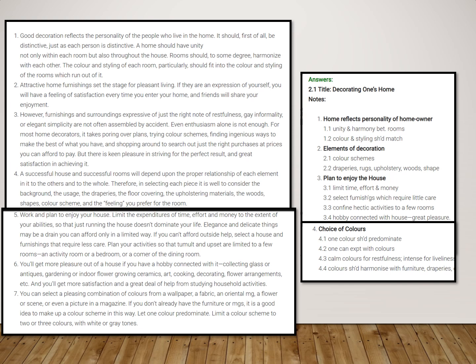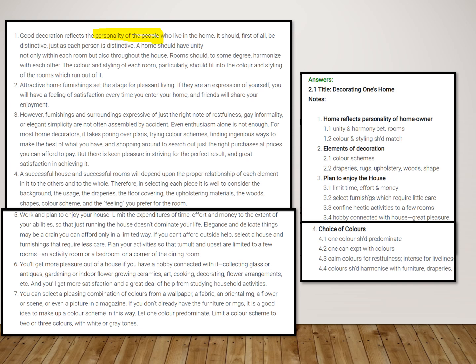So if we look at the passage, it is definitely about decorating one's home, and we have highlighted it into four main points. Home reflects the personality of a homeowner, the elements of decoration, plan to enjoy the house, and also the fourth main point is choice of colors.